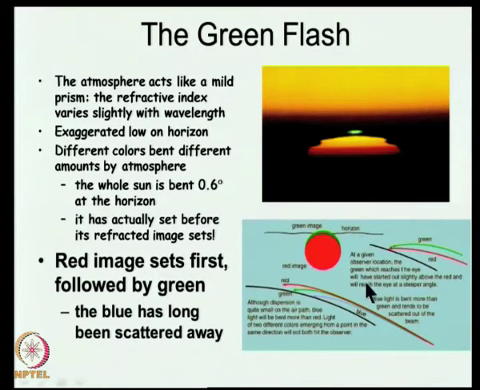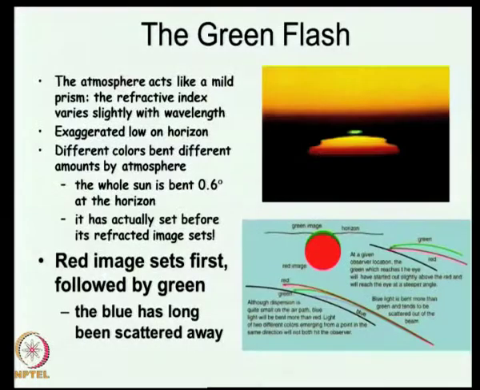So, the green light which you see has started out slightly above the red, and it reaches the eye at a steeper angle because of more bending. Blue is also scattered, maybe it is scattered out. Now, this green light is distinctly visible here.